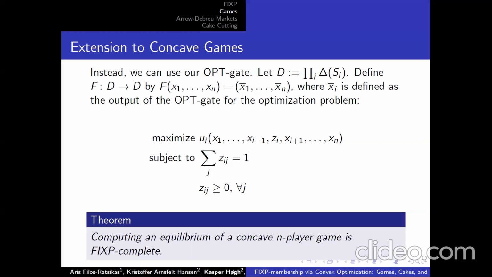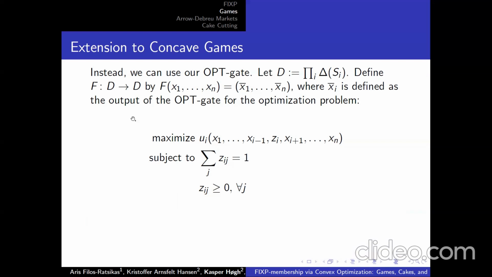Now the point basically is that if we have a fixed point, then for instance x1 maximizes the utility of the first player, given that all the other players hold their strategies constant, and so on for all the other players. And therefore, if we have a fixed point, then no player will have an incentive to switch strategies, and therefore fixed points of this function will be Nash equilibria.